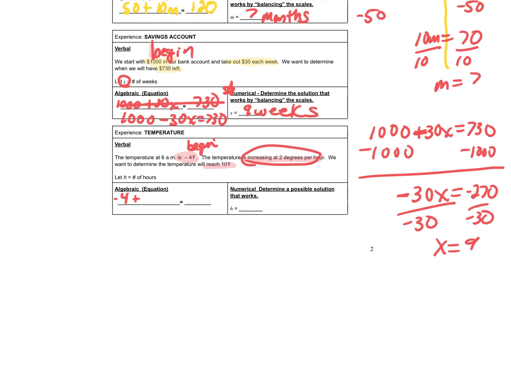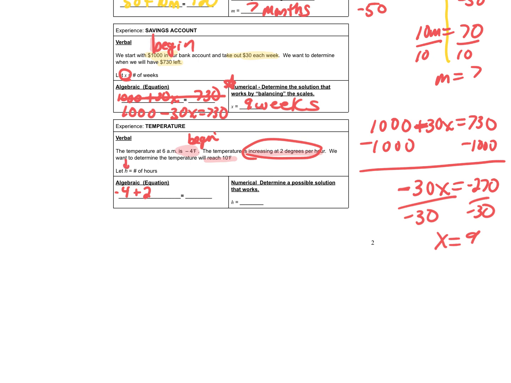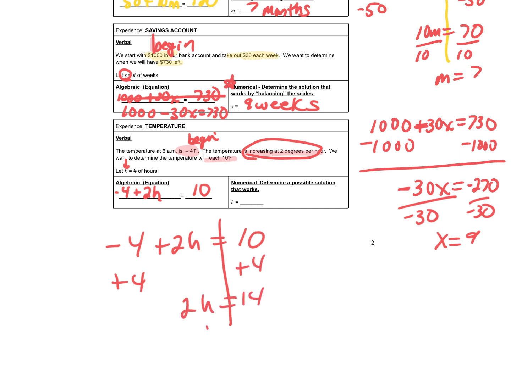So it's plus 2. And I'm using the h that they gave me here. And then 10. And then I'm going to solve it here. Draw my line because it's an equation. Add 4. So 2h equals 14. And then h is equal to 7. 7 hours.